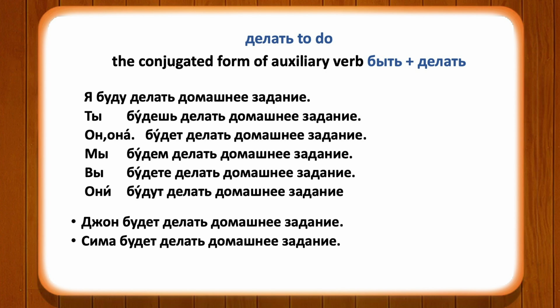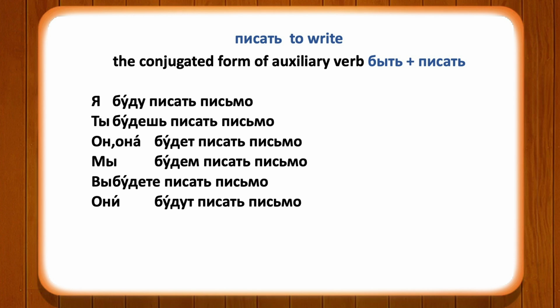So let us repeat the conjugation, the future tense form of the verb делать. Я буду делать. Ты будешь делать. Он будет делать. Мы будем делать. Вы будете делать. Они будут делать. Let us conjugate the verb писать in future tense.